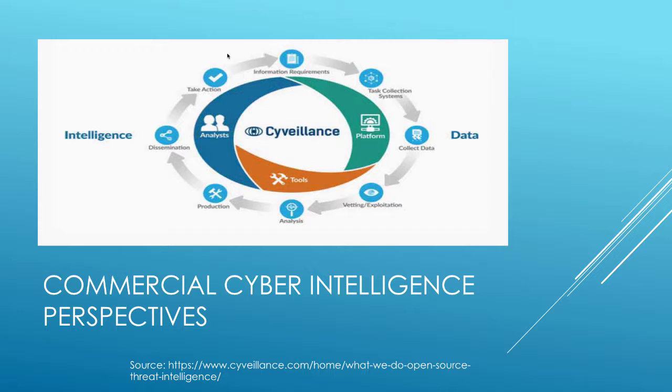For you Clausewitzians out there, the Cyveillance intelligence cycle shows the means in the middle and the process, if you will, the ways as a circle of activities around those 3 means.